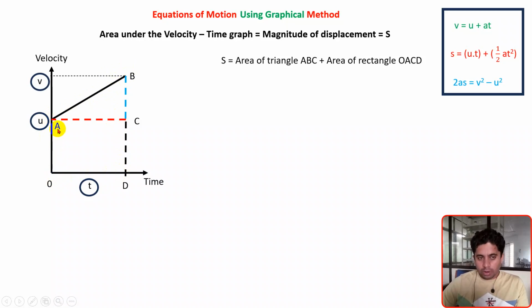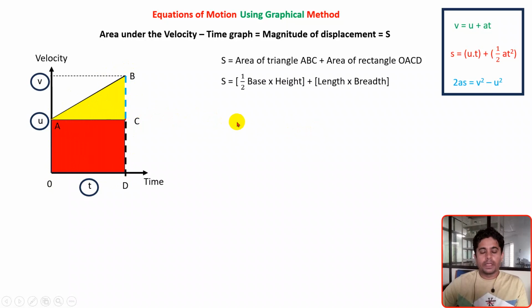And for better understanding, we will divide this area in one triangle and one rectangle. Triangle is ABC and rectangle is OACD. We have divided the trapezoid into two parts. Now, this is the triangular area and this is the rectangular area.